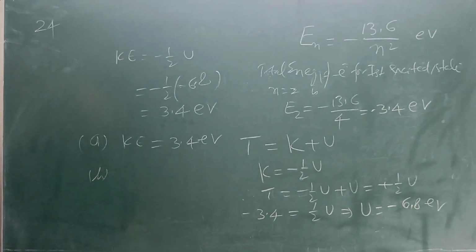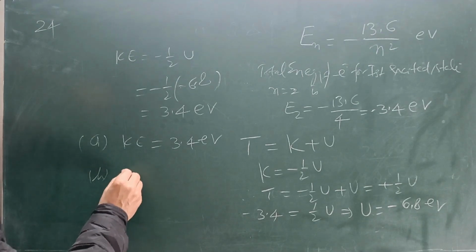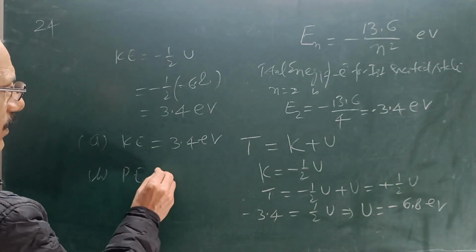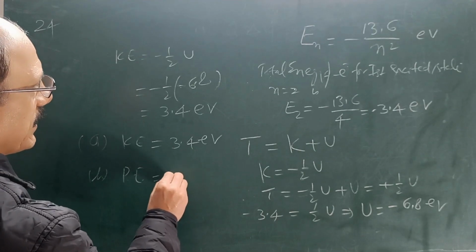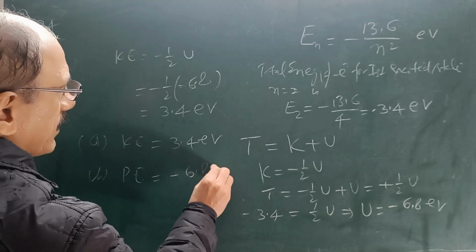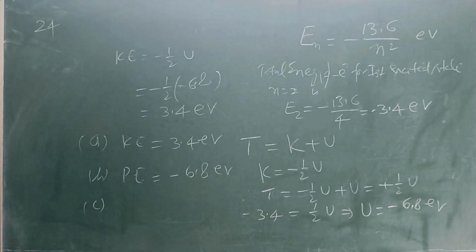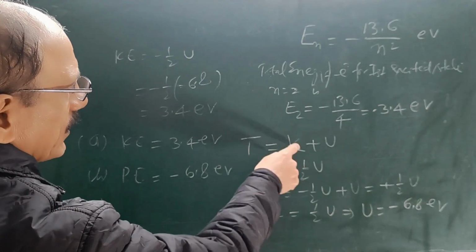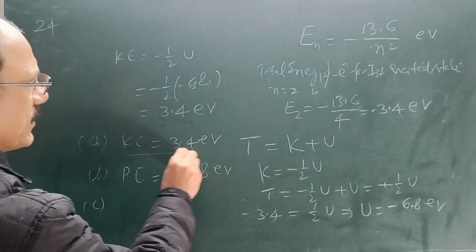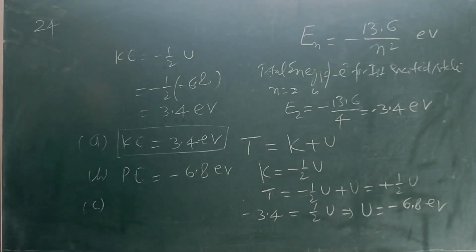And B, what is the potential energy of the electron in this state? So the potential energy of the electron in this state is minus 6.8 electron volt. And the C part: if the choice of zero potential energy is changed, then only potential energy and total energy will change, but the kinetic energy will always remain the same.